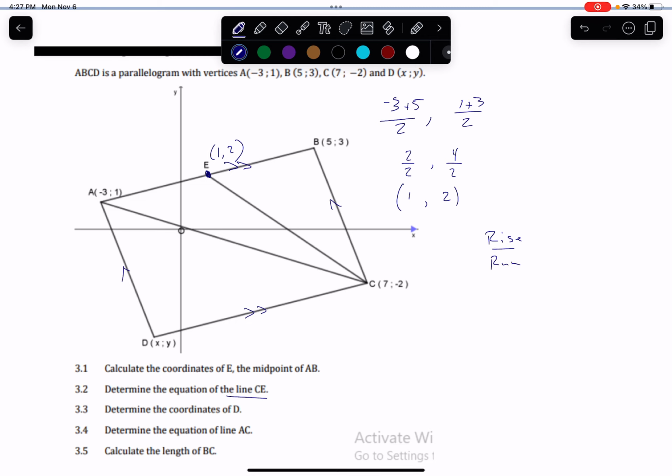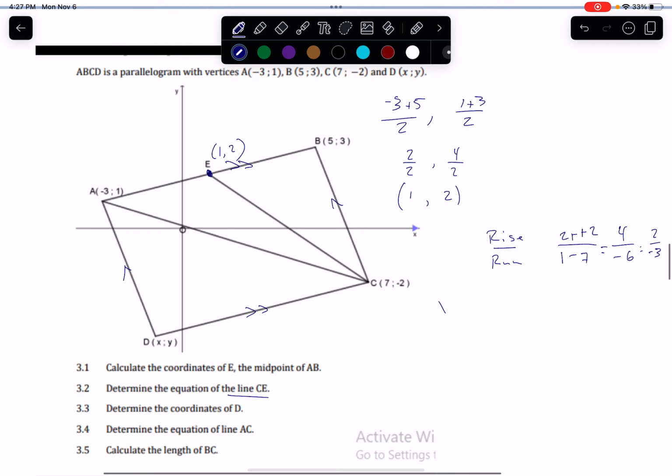So the rise would be your y-coordinates, 2 minus a -2. And the run would be the x-coordinates, 1 minus 7. So that's 4 over -6. So it's 2 over -3, so -2/3.